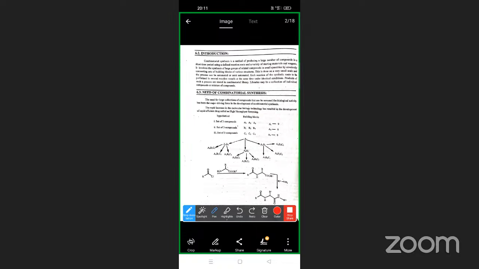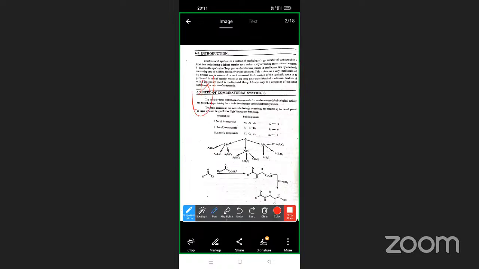Then what you do, you add the C type of building blocks, and you again perform the same reactions. Here all these dipeptides are present in a particular vessel. So in this particular vessel, the A1 is there.